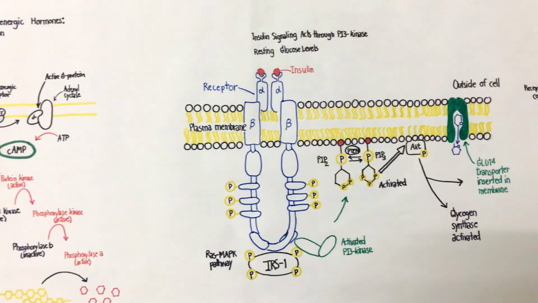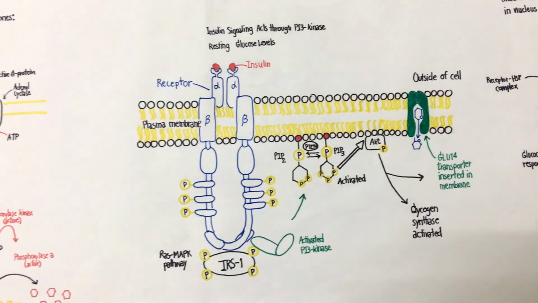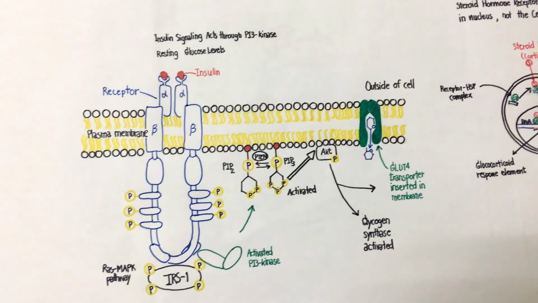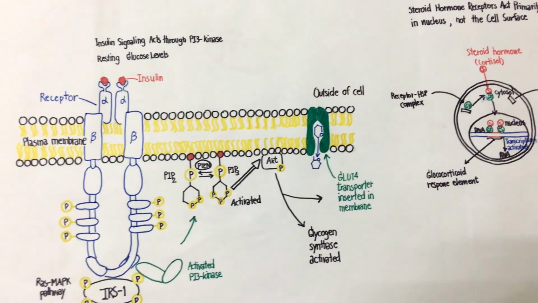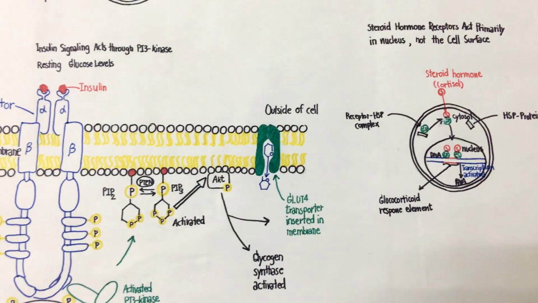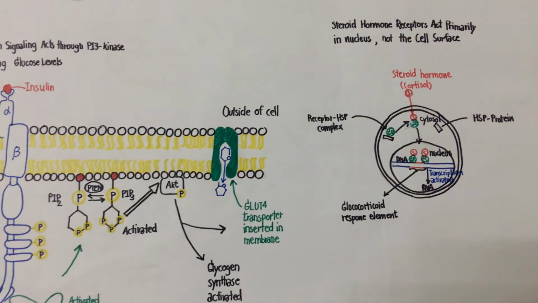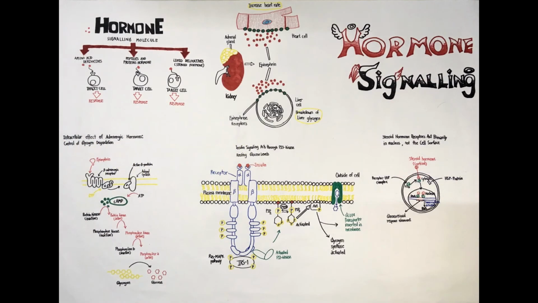Next, insulin regulates glucose homeostasis by stimulating multiple signaling pathways, including the RAS and PI3 kinase pathways. Lastly, steroid hormones act by binding a cytosolic receptor protein, and the hormone-receptor complex acts in the nucleus to regulate gene expression.